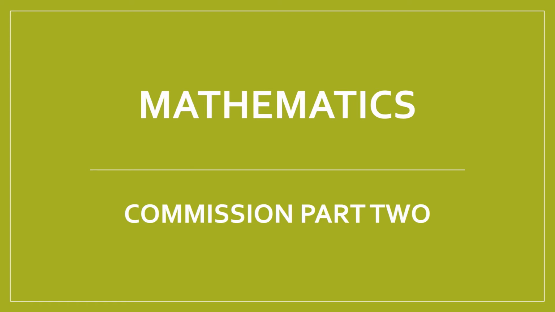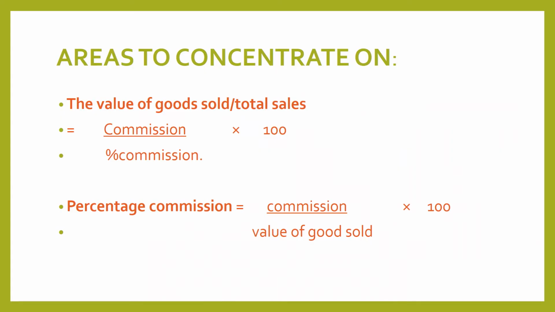So let's continue with our lesson to see what this topic entails. Remember, I told you that as far as commission is concerned, we are also going to look at value of goods sold or total sales. Someone can ask you to find the total sales or the total value of goods sold, which is now common in class 8. Remember, last time I was just introducing you to this subtopic, commission.